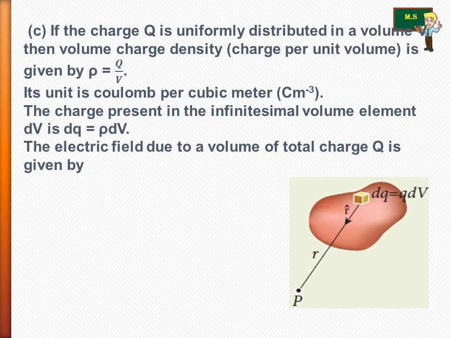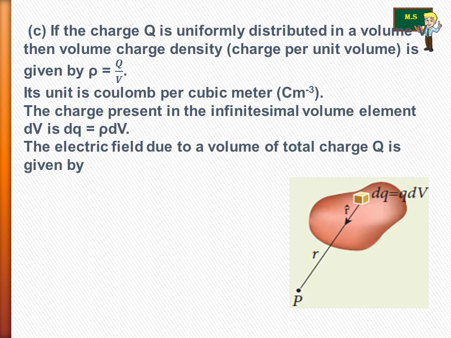How can you find the volume charge density? We have to find the charge per unit volume, and the expression is rho is equal to Q by volume V, that means coulomb per cubic meter, C m minus 3.